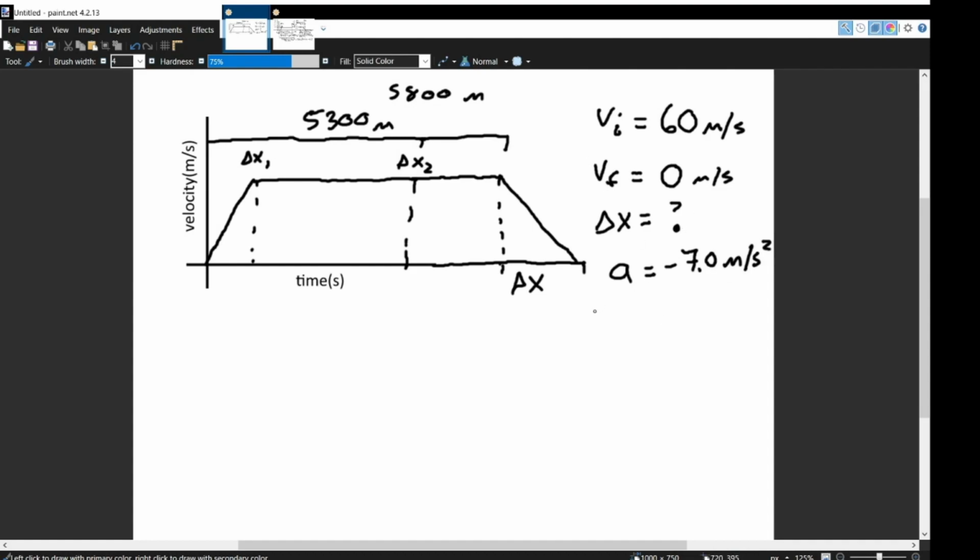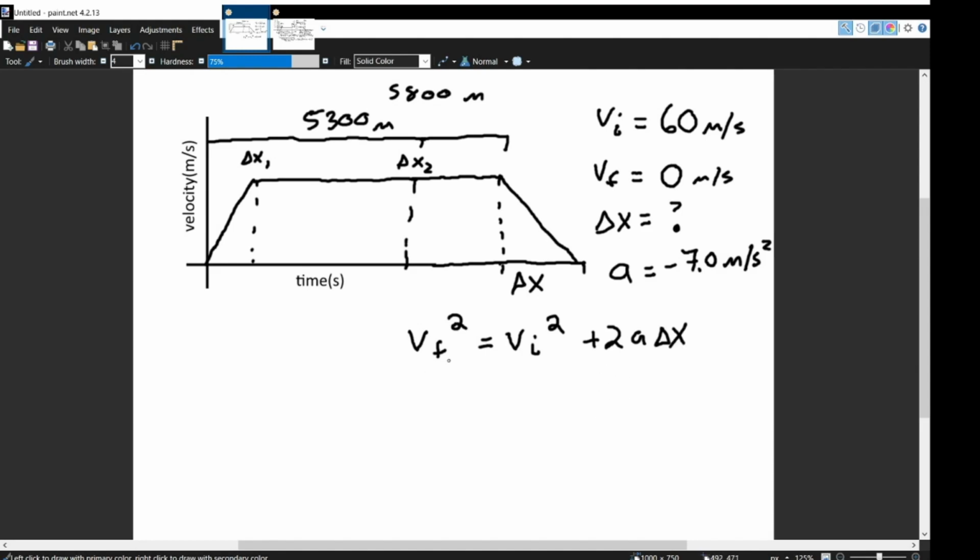Now that we have all of our information, we need to find an equation that helps us out. Here is the equation that we're going to use: velocity final squared equals velocity initial squared plus 2 times the acceleration times the change in X. This should look fairly familiar to you.